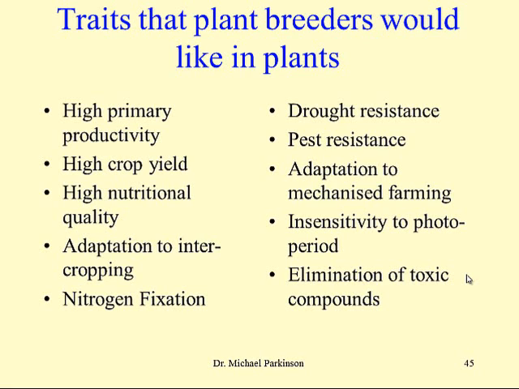When we're putting genes into plants, we typically put in one gene at a time, and ideally only one gene. So these traits on the left there are not really amenable to improvement through plant genetic manipulation. However, the traits on the right there, drought resistance, pest resistance, adaptation to mechanized farming, insensitivity to photoperiod and elimination of toxic compounds, can be done reasonably easily by the introduction of a specific transgene.